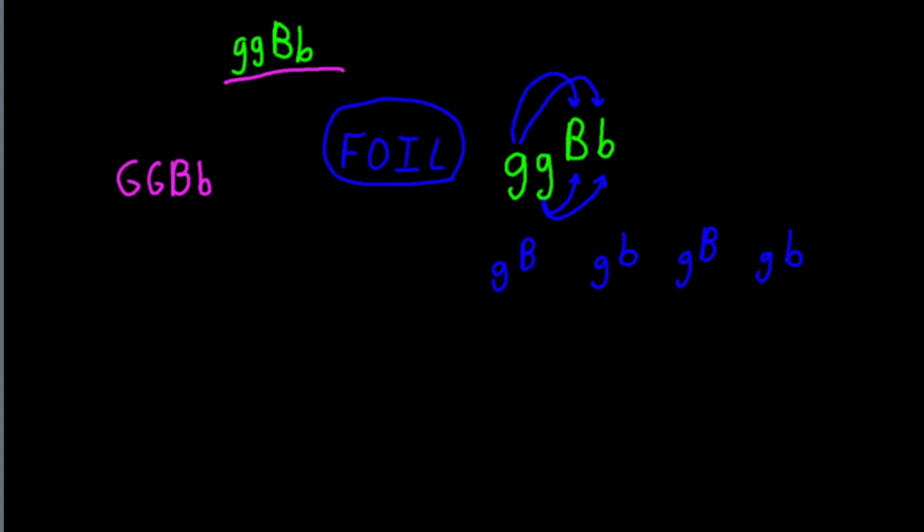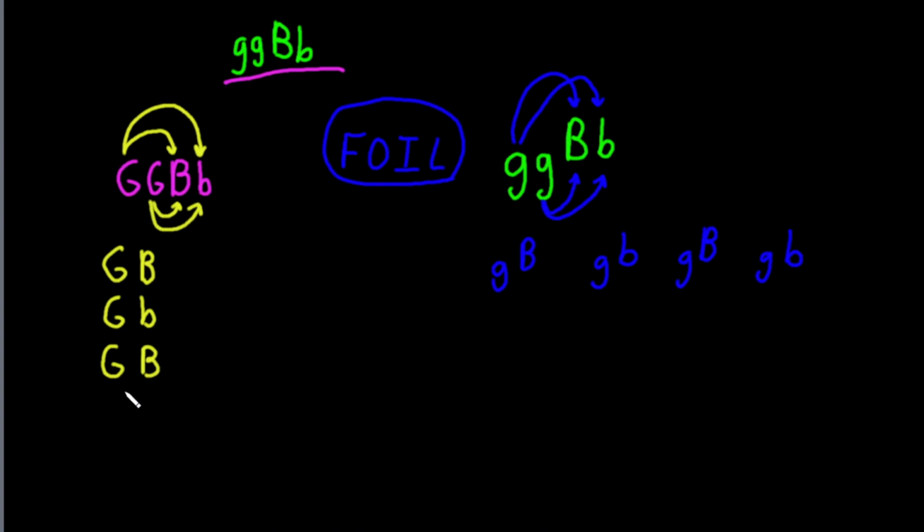Let's talk about what's going to work for this parent. Okay, FOIL, first G and first B. Outside, capital G, lowercase b. Inside, capital G, capital B. And last, capital G, lowercase b.